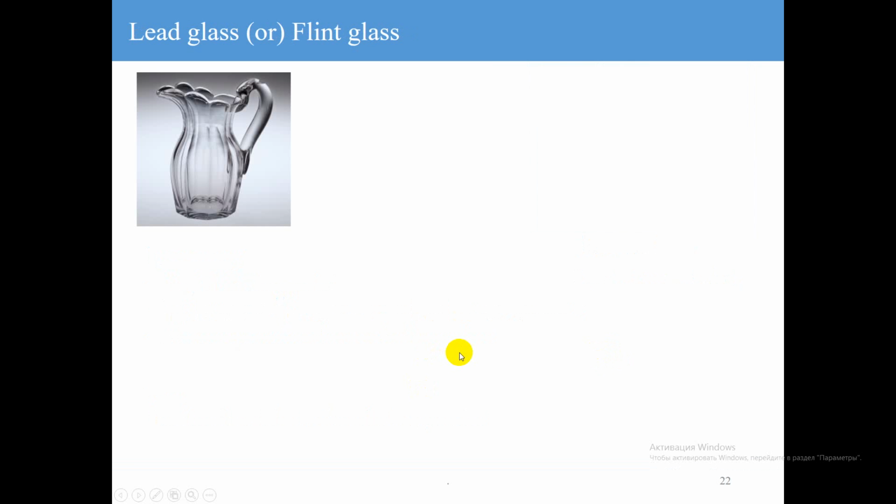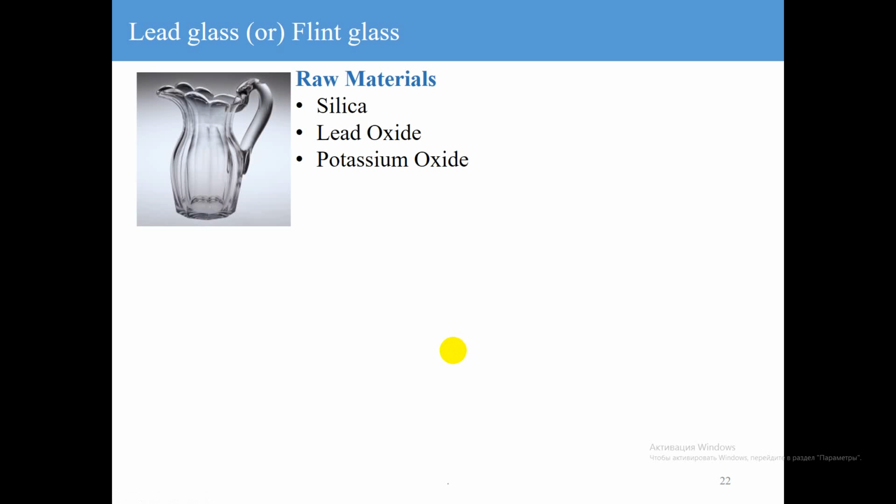Lead glass or flint glass. Raw materials: silica, lead oxide, potassium oxide. Composition: lead oxide, potassium oxide, silica oxide.